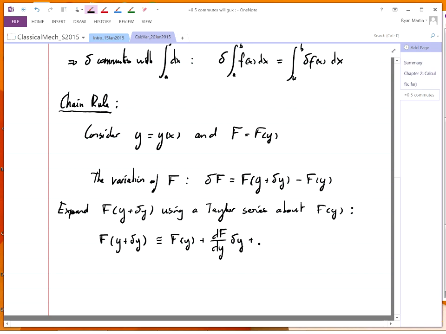I feel like there's a mistake in the notes. It should be a 1 over 2 factorial. Plus 1 over 2 factorial d squared F by dy squared delta y squared, plus higher order terms.